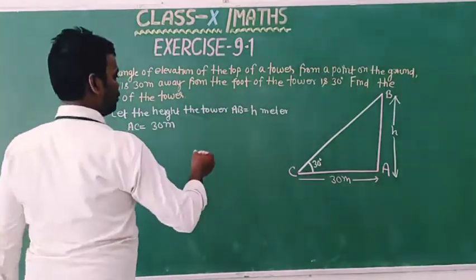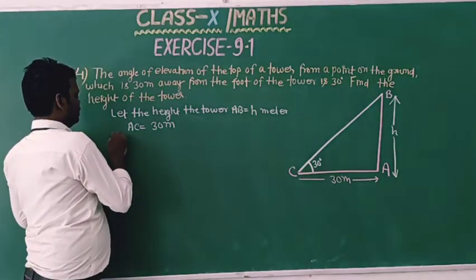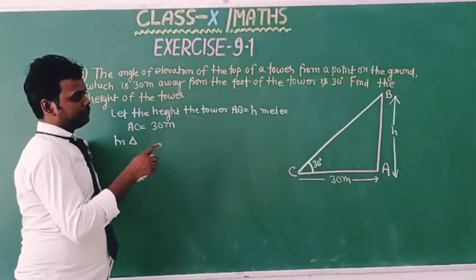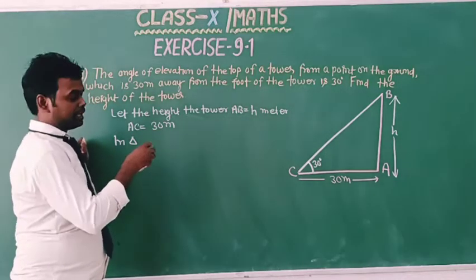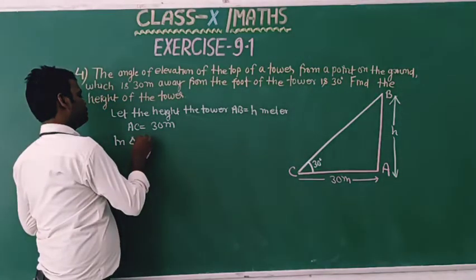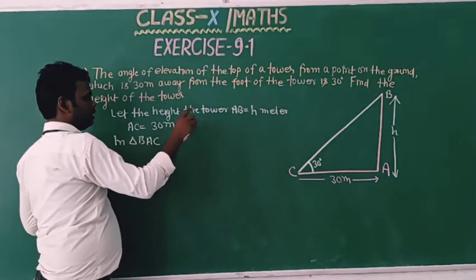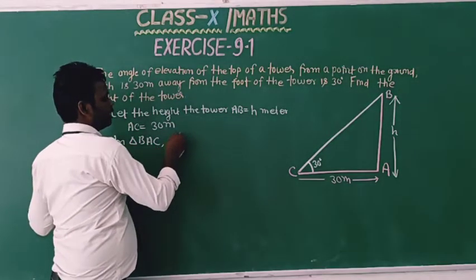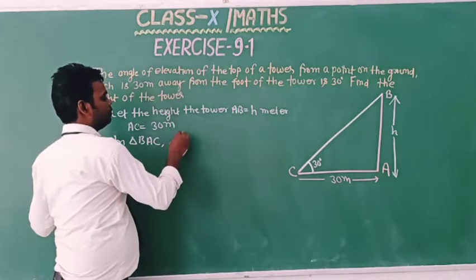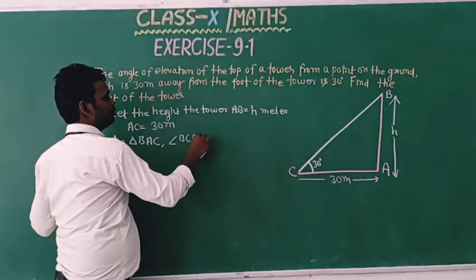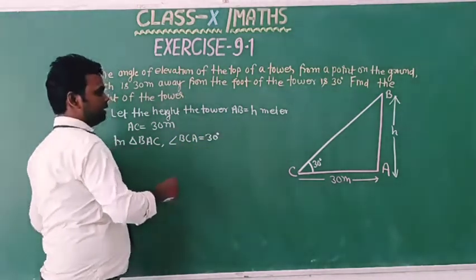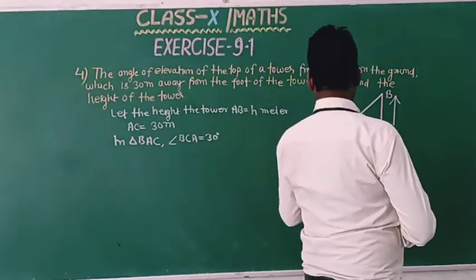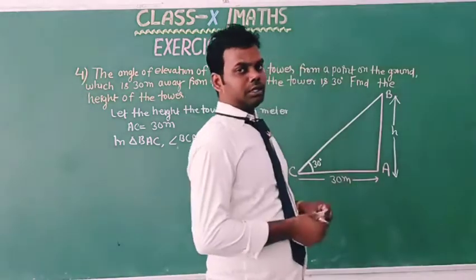Okay, so now in right angle triangle BAC, angle BCA is equal to 30 degree. Now apply the tan trigonometric ratio.